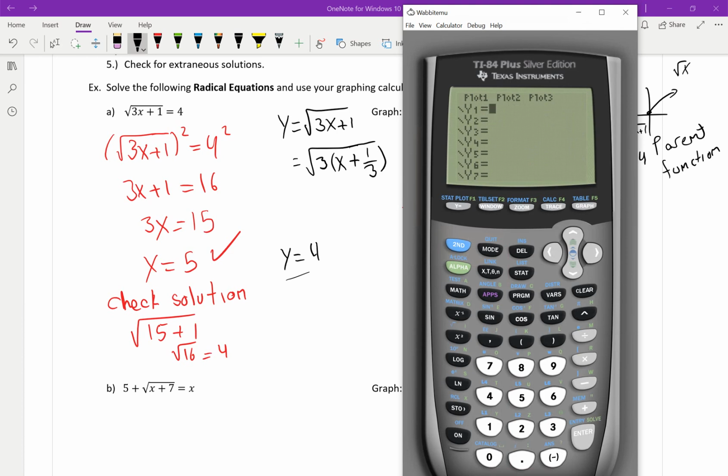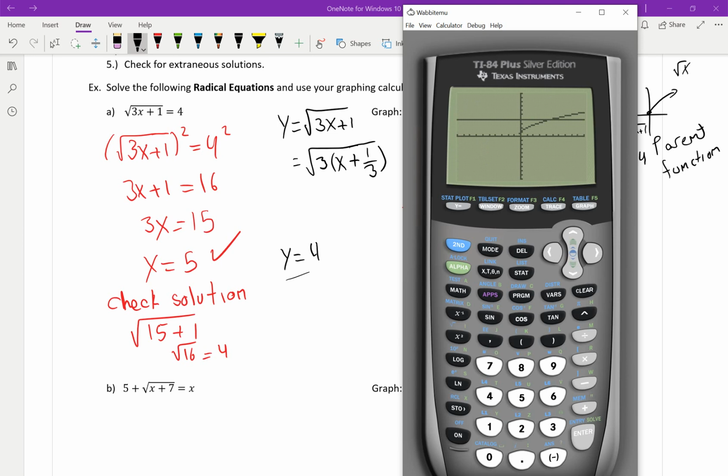I'm going to enter the square root of 3x plus 1, and then I'm going to enter y equals 4, and then I'm going to graph. Oops, I put 2 pluses, sorry. So 3x plus 1, now we should be good. Graph. So I have that, and I have that. And so that's kind of what we've concluded.